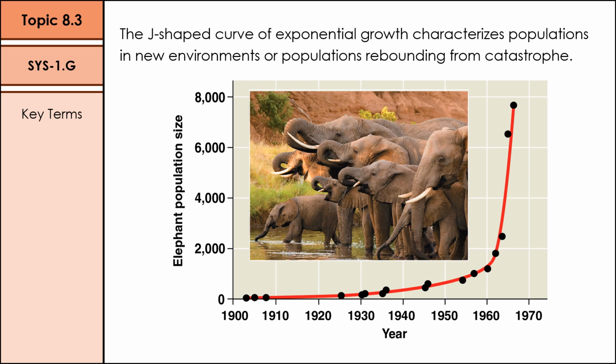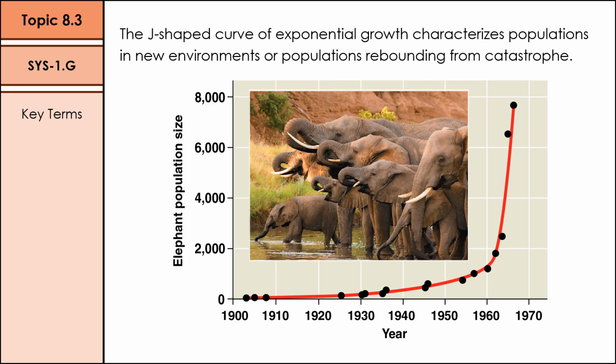But when individuals experience a catastrophe that greatly decreases their population size, we can see that exponential growth when they are rebounding, because we have plentiful resources and numerous opportunities to reproduce and fill in this niche within our environment. But the important thing here is that at some point, that population is going to be limited by some factor within the environment.